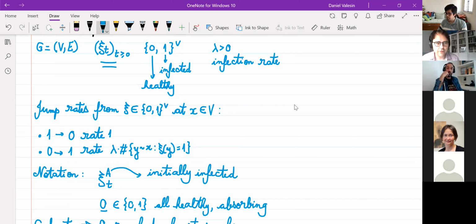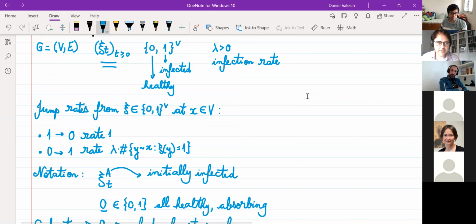If you have a configuration psi in {0,1}^V, and a site or vertex x, then there are two types of jump. You can jump from infected to healthy spontaneously with rate 1, and you can jump from healthy to infected with a rate given by lambda times the number of infected neighbors, so the number of vertices y neighboring x such that y is in state 1, infected.